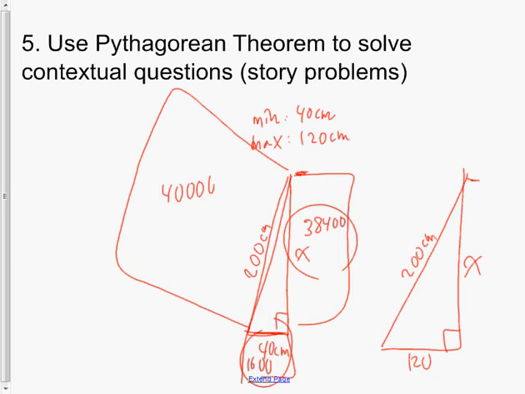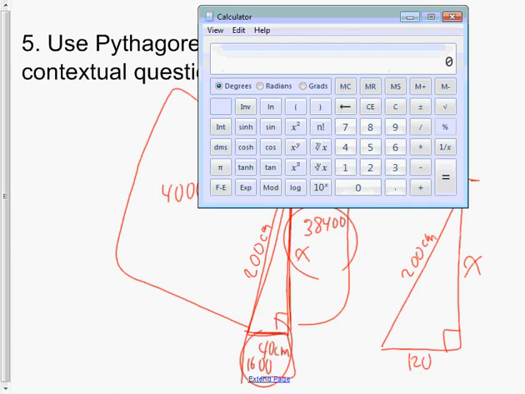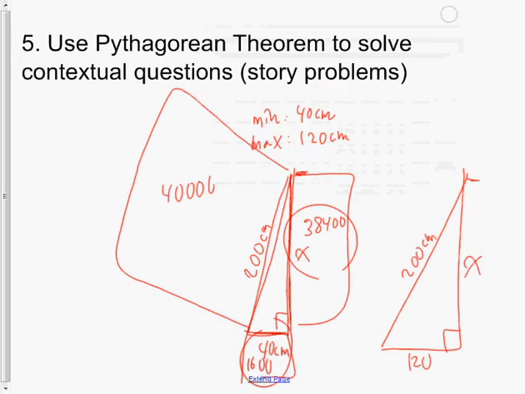So therefore, the distance up the wall that ladder would go if it's 40 centimeters from the wall would be the square root of 38,400, which is 195.95, which would round up to 196.0 centimeters, or 1.96 meters. So the maximum distance up the wall it can go is 196 centimeters up the wall.